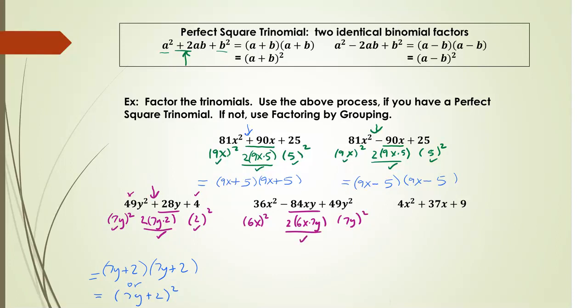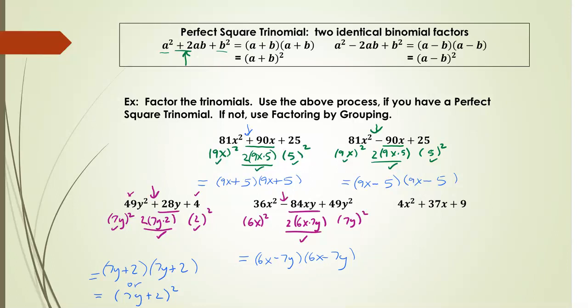So that works. And then remember, this symbol just tells me what the signs are going to look like. So when I go to factor, my factors will be the same factors as with the perfect square trinomial: 6x in the first position, 7y in the second, and then I'm using minuses because of that minus 84xy.